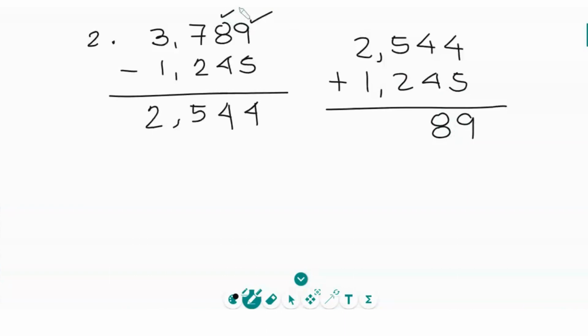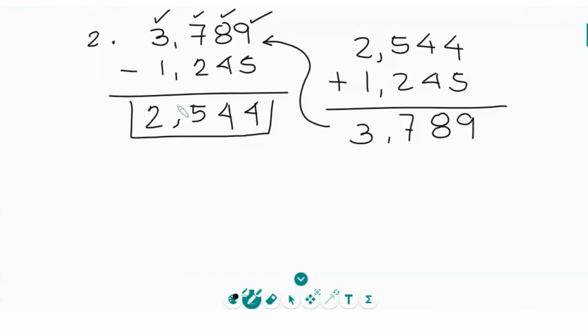That's also 8 over here. 5 plus 2 will give us 7. So this is also 7. And also 2 plus 1 is 3. So we got the exact number over there, confirming the answer to be 2544.